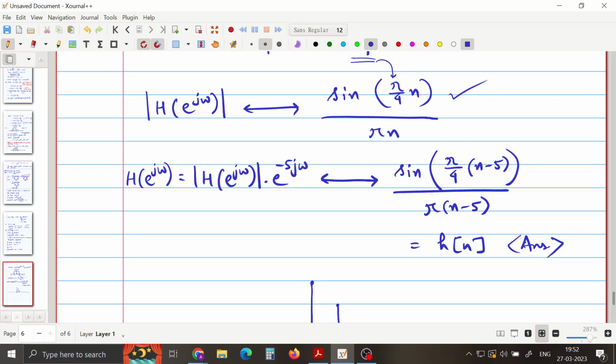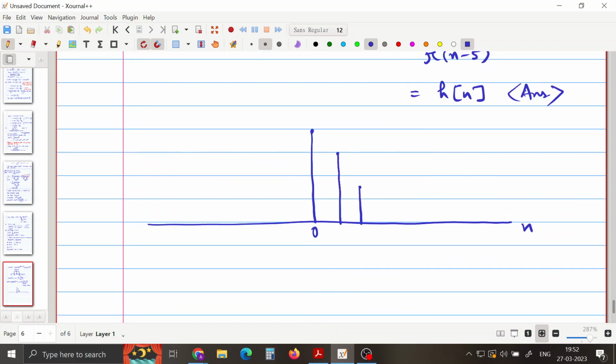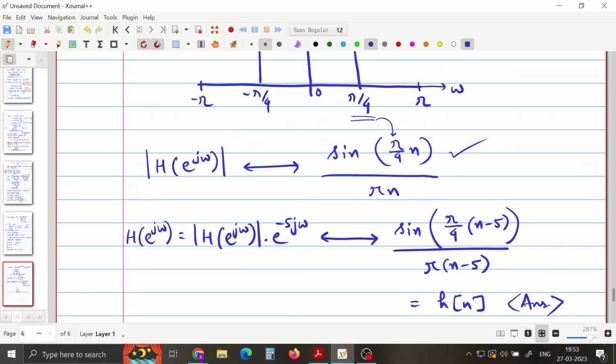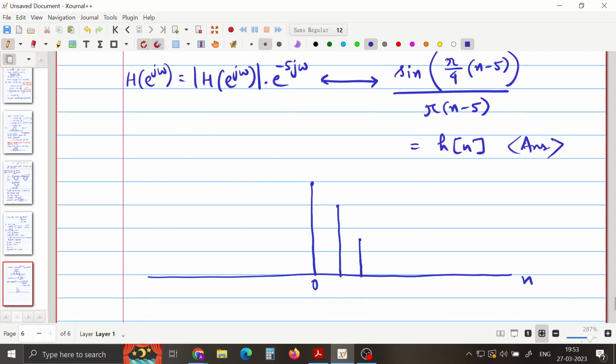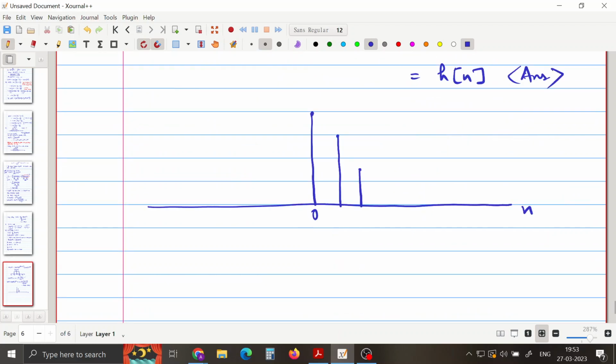Okay sir. That will be symmetric about n equals 0, and since our actual impulse response is a delayed version of that, you can just right shift it by 5 samples. So actually, yes, you're right. Let me then directly plot the final one.